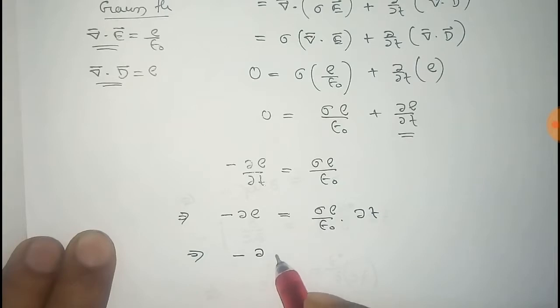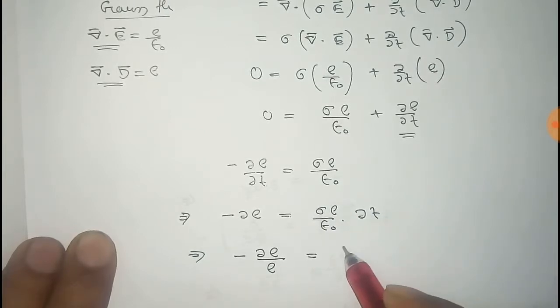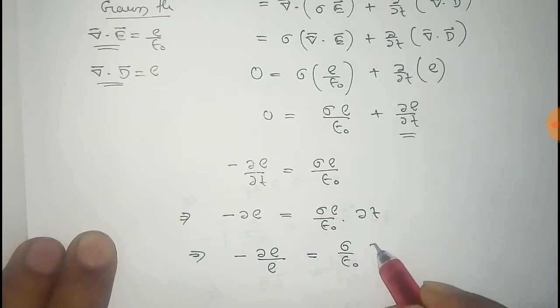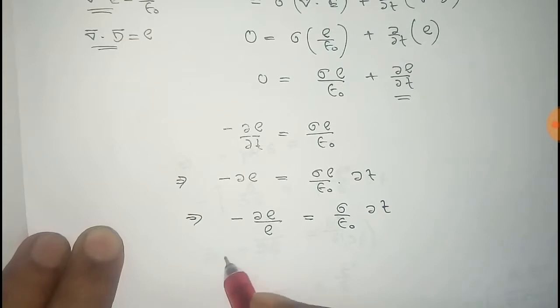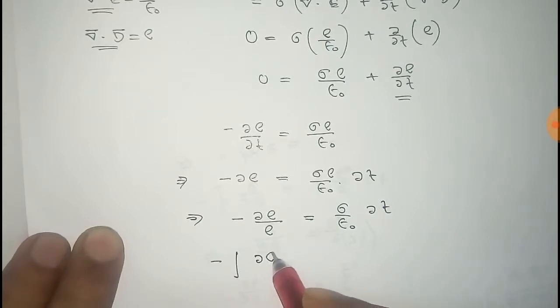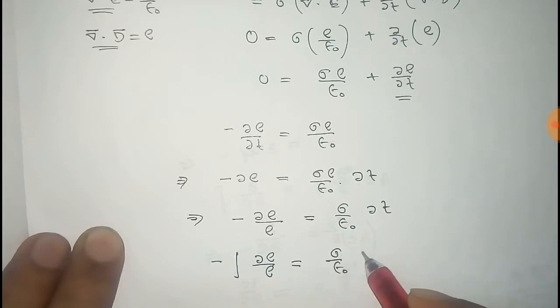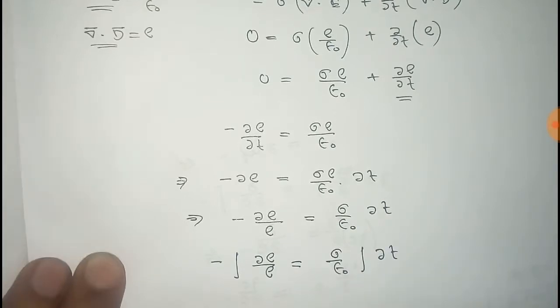Taking rho to the left side, del rho by rho equals minus sigma by epsilon naught into del t. Now we have to integrate on both sides, so we get the integral of del rho by rho equals minus sigma by epsilon naught, which is constant, into the integral of del t.